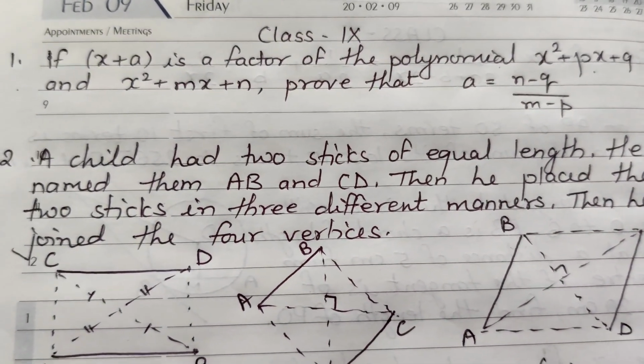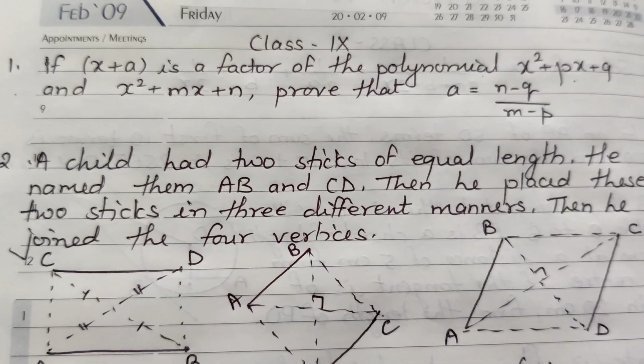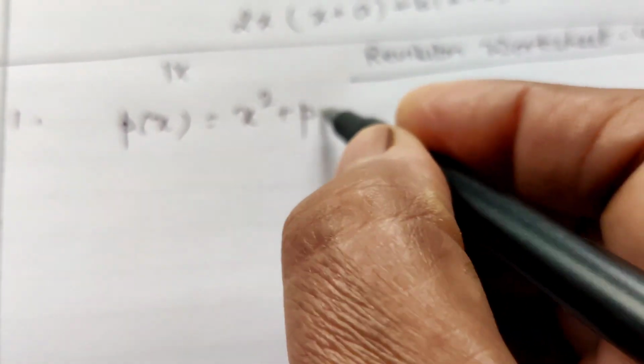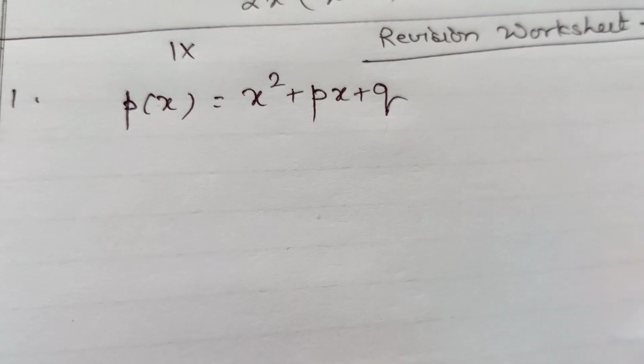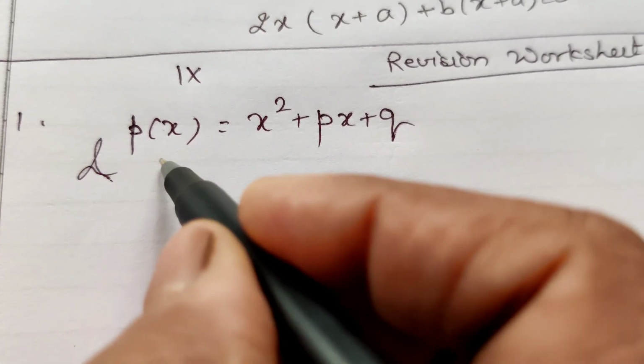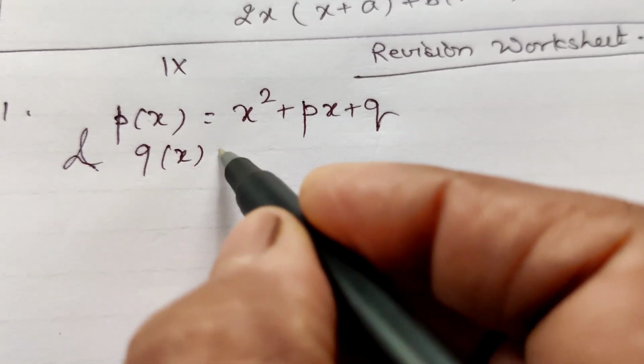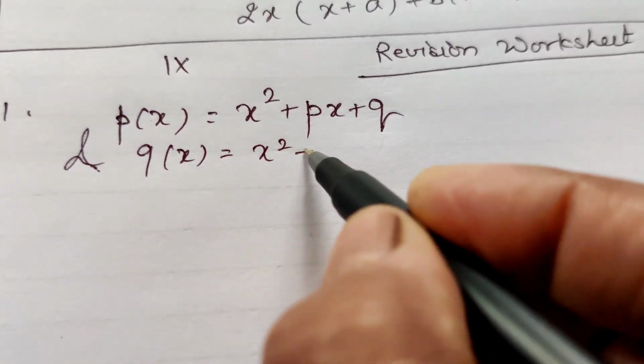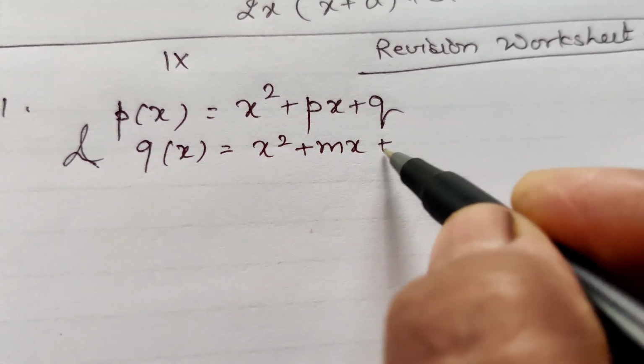x plus a is the factor of the polynomials. Let the first polynomial p(x) equal to x square plus px plus q. This is the first polynomial, and the second polynomial, let the q(x) equal to x square plus mx plus n.